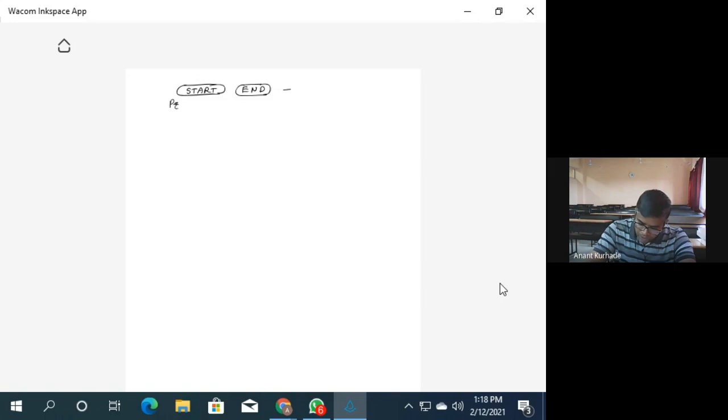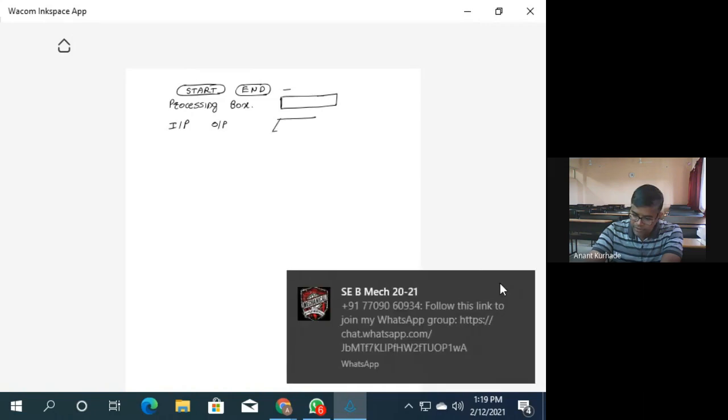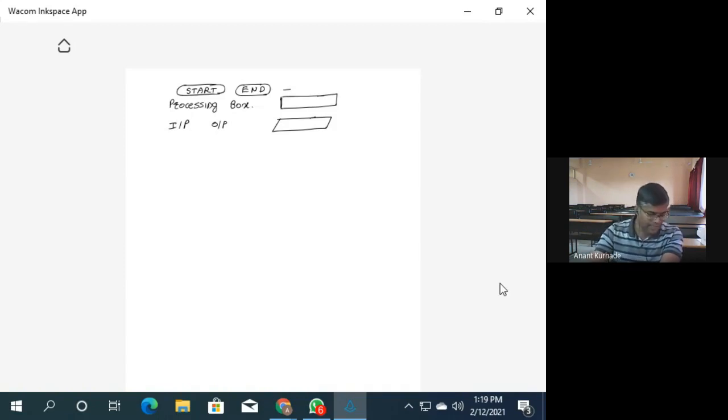Now the processing box. Processing box means actual calculation. For the processing box we use a rectangle, and inside it you can write the formula. For input and output we have the parallelogram, and inside it you write input or output.